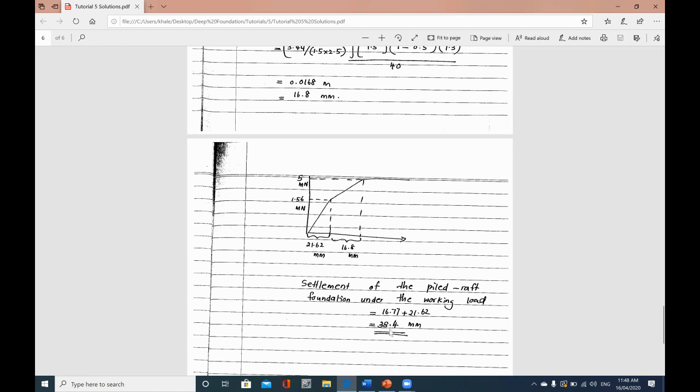And for the settlement you need to check if this value is less than the maximum allowable limit, because we need to check against the code values or against the maximum allowable limits, considering the structural load and the soil type, and then we can tell if this amount of settlement is fine, or if it's not fine.